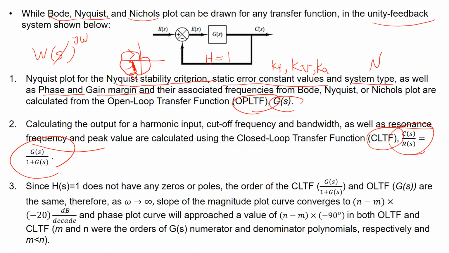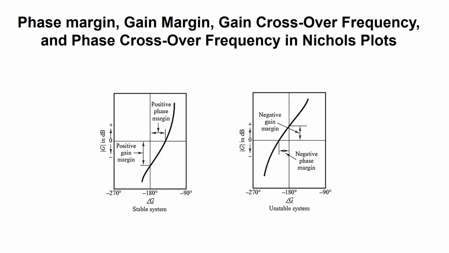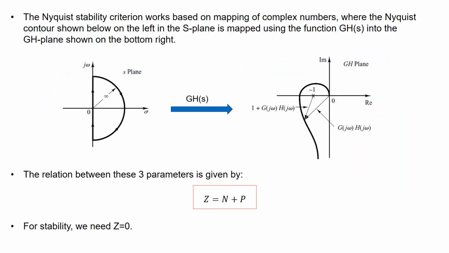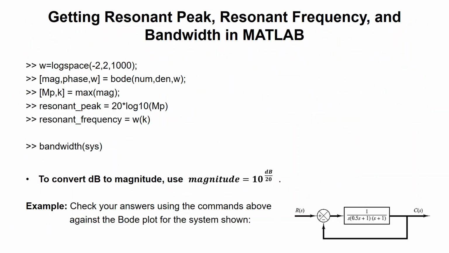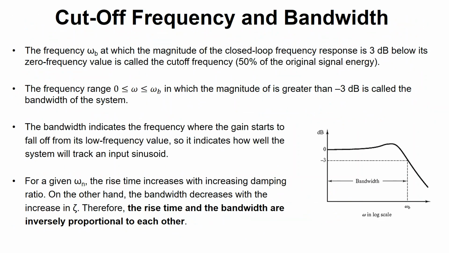So I mentioned that for you here, resonance. What else might you imagine? The same thing for cutoff frequency and bandwidth. When you want to look at the cutoff frequency and bandwidth, which we did here, this is again a Bode plot, the magnitude part of the Bode plot.